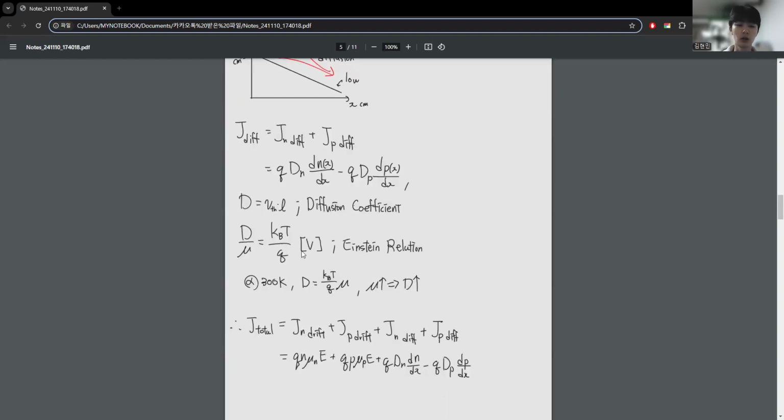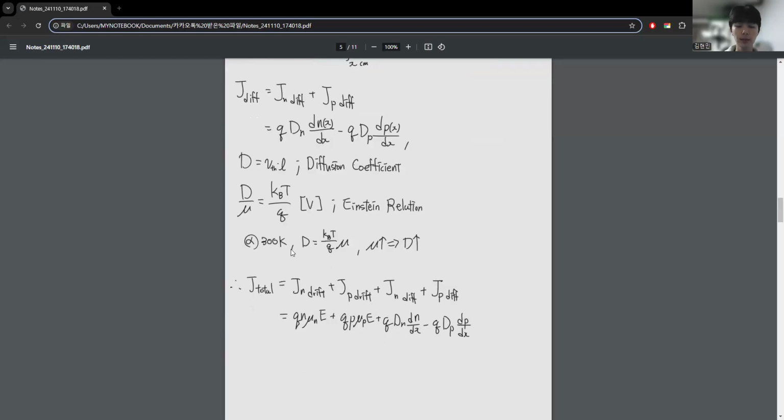We can know D over mu, where mu is mobility. D over mu equals kT over q, equal to Vt. This equation is the Einstein relation. So at 300 Kelvin, D equals Vt mu, so mu is proportional to D.